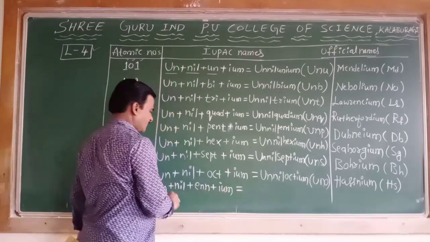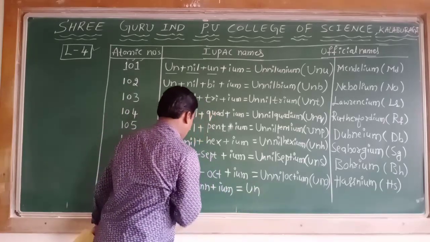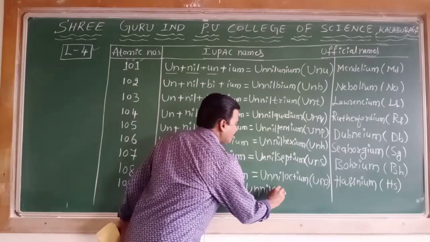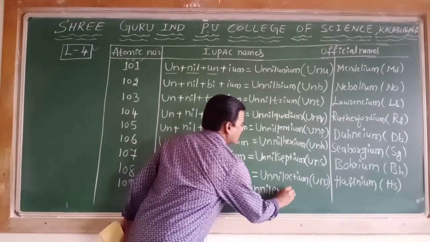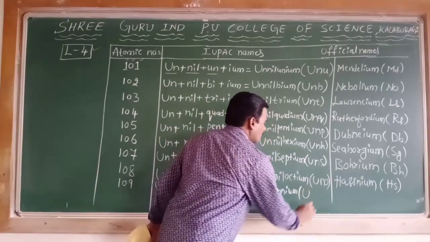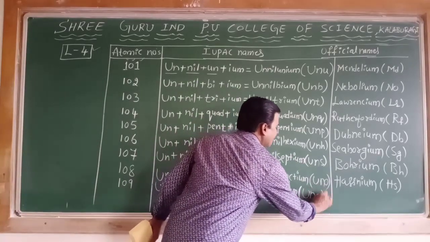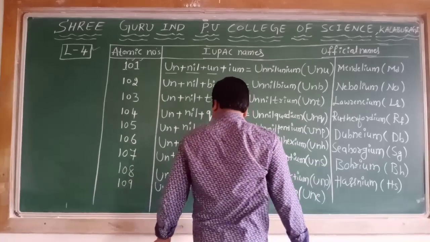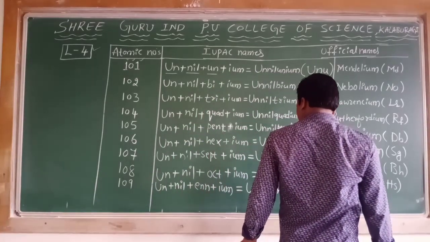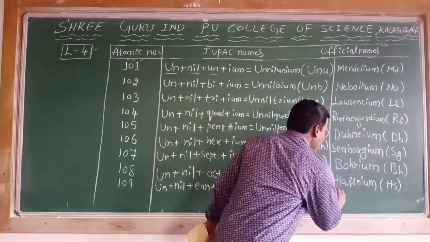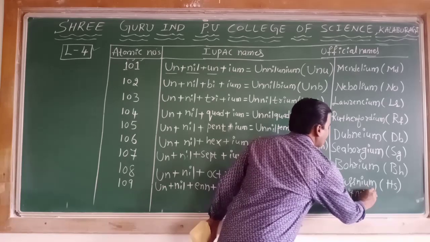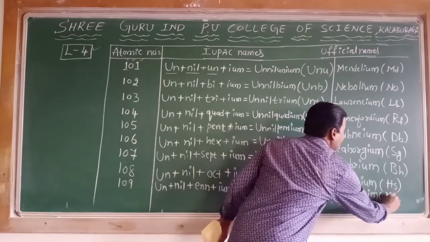That is unnilennium, symbol Une, and the official name of element 109 is meitnerium, with symbol Mt.